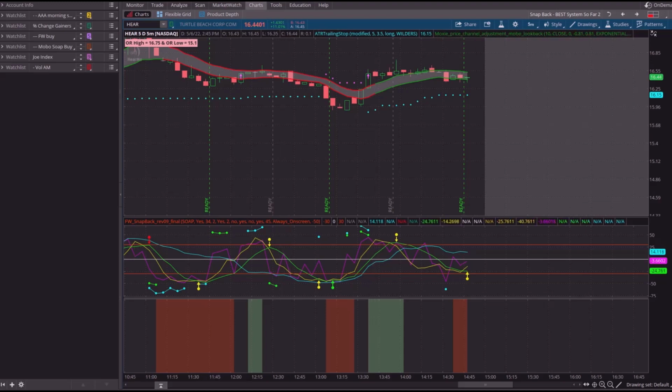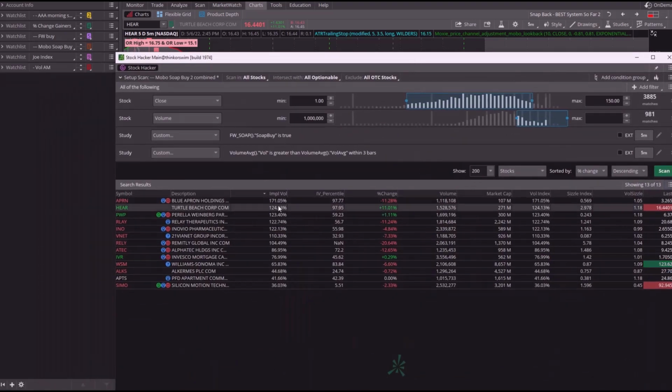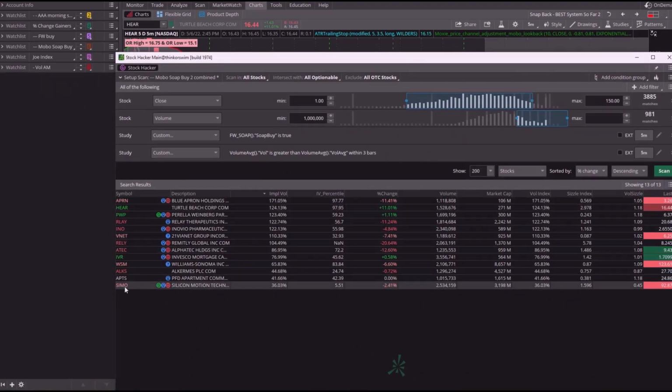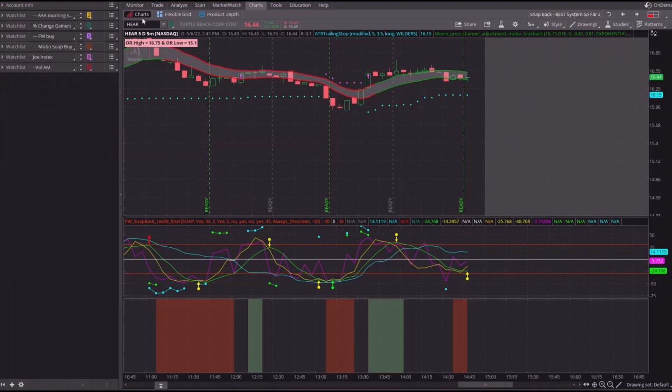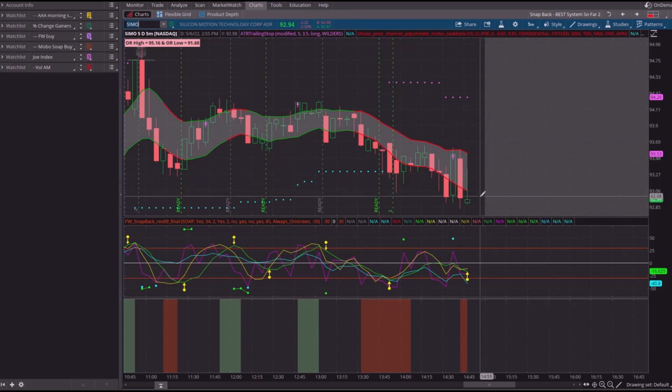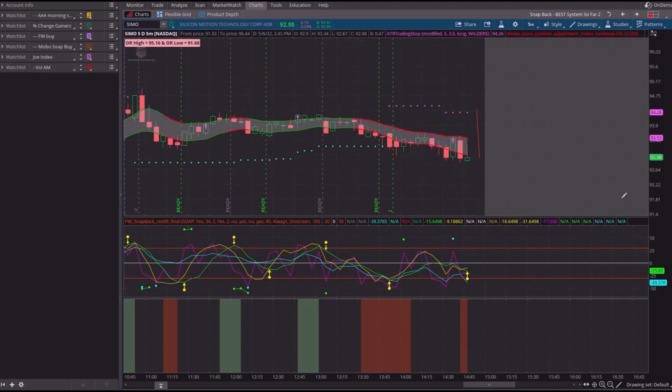Now if I take a stock with a lower implied volatility, let's say SIMO has 36%. If I'm looking for here to here, you can see that's only 40%. If I'm looking at a 1.5 to 1 win ratio, up here is the 1.5, so there's a much longer distance and a much longer wait.